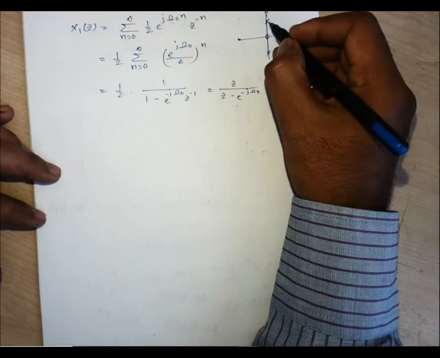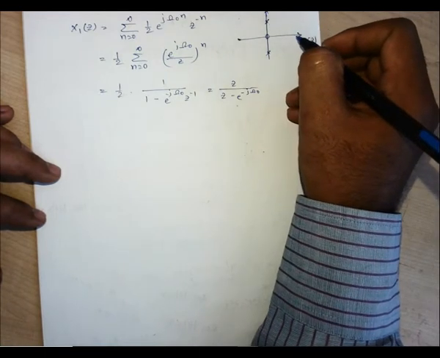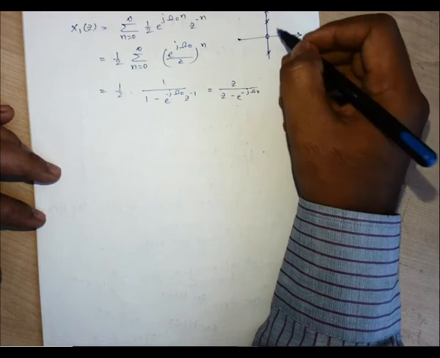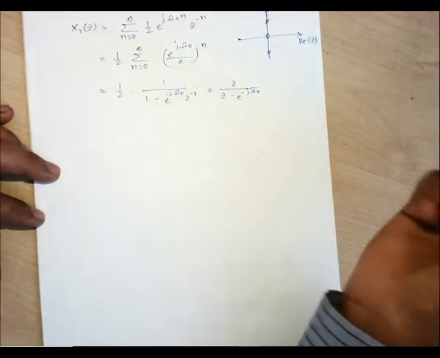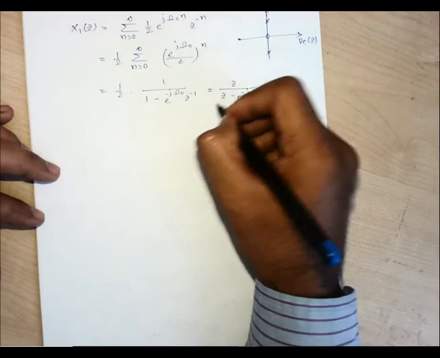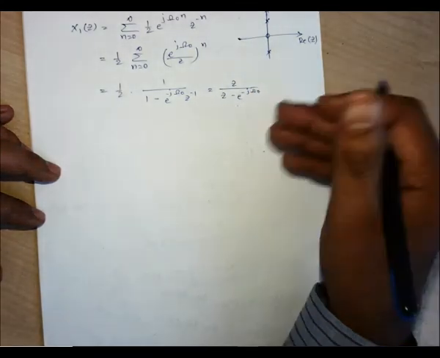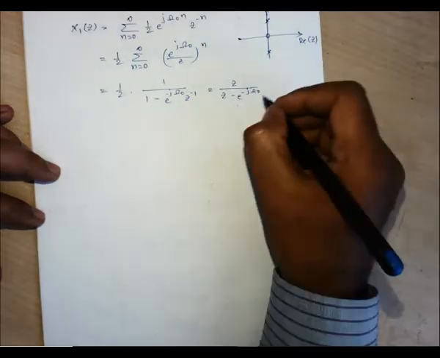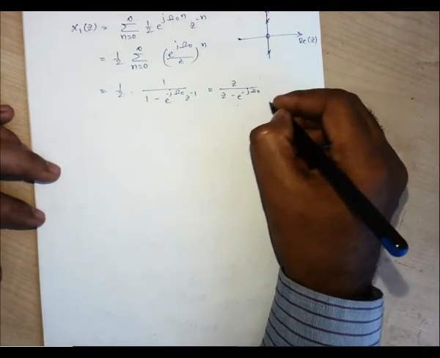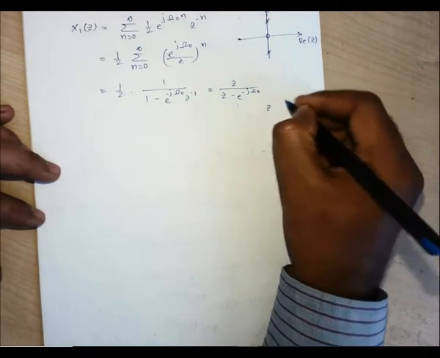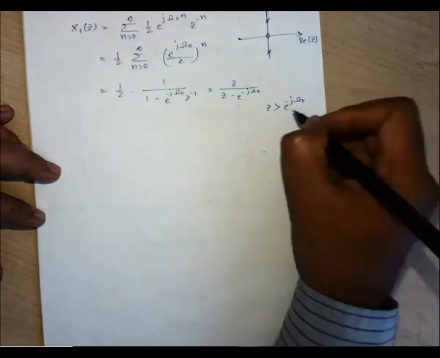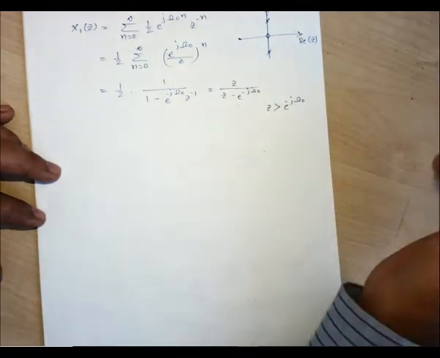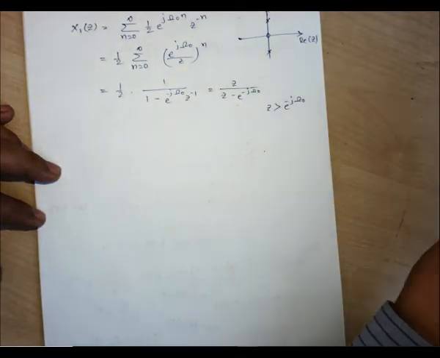Z greater than this, where e to the power j omega naught is on the j omega axis. If we take z greater than this value, X1(z) will be finite, or converge.